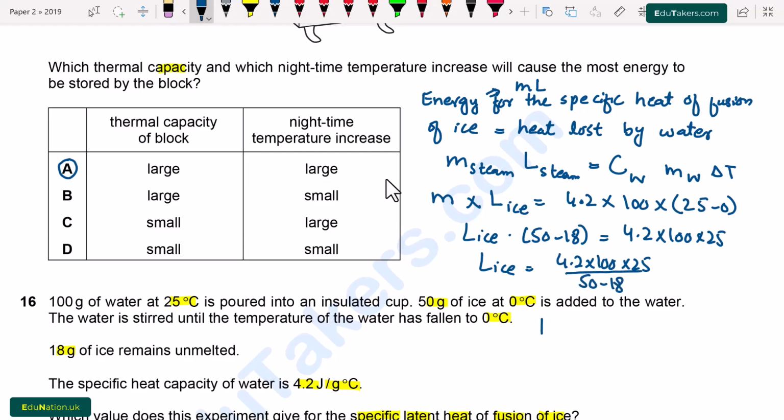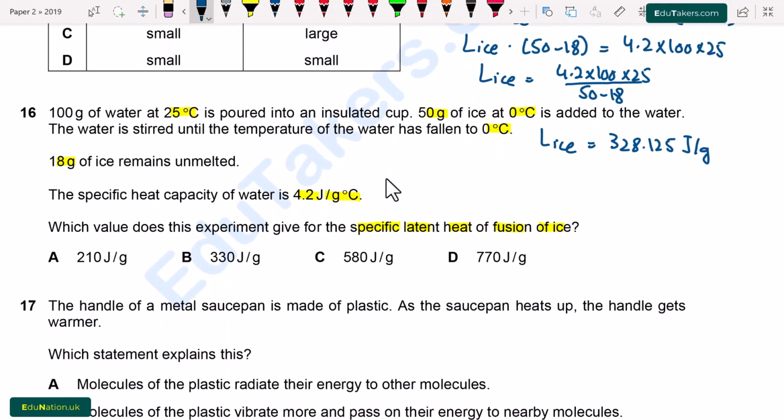So the value of L will be equal to 328.125 joule per gram, and it is also equal to 330 joule per gram. From here option B is correct. This is the value of the specific latent heat of fusion of ice.